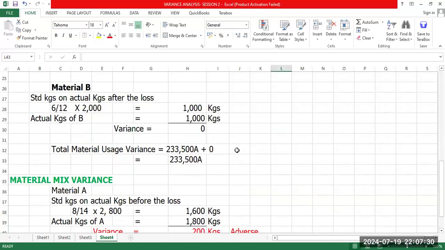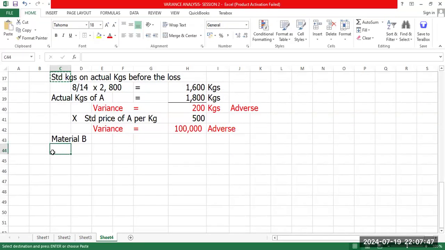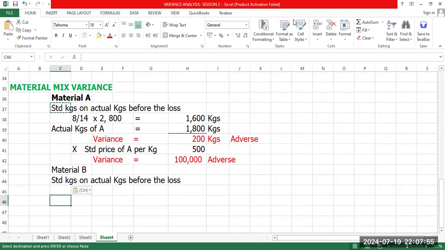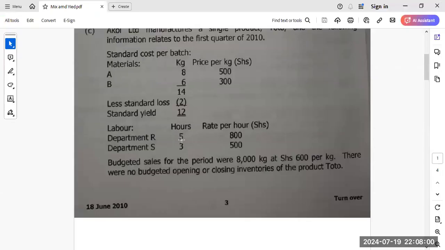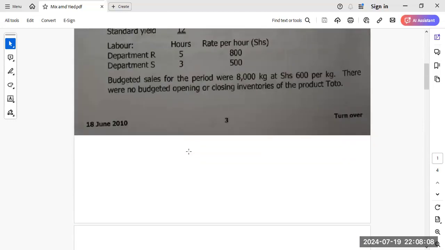Okay. We do the same for material B. Get standard kgs on actual kgs before the loss, which for material B is 6 out of 14, because we are talking about before the loss.